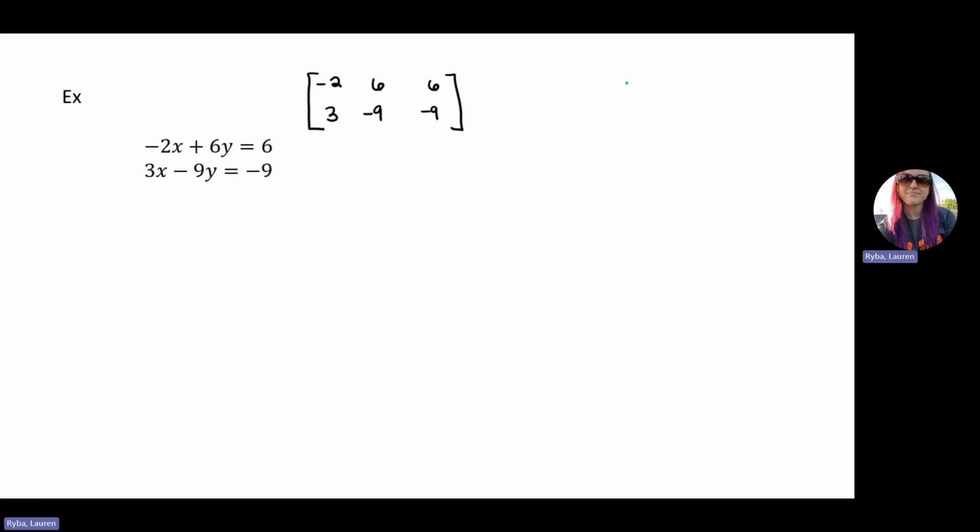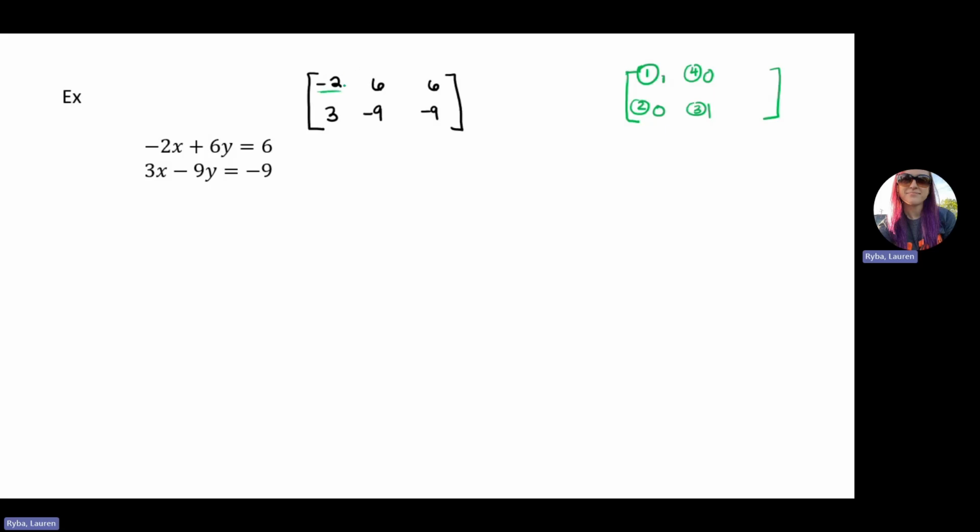Okay, and your steps are always, this is step 1 to get a 1 up here. Step 2 is to get the 0 there. Step 3 is to get the 1 next to it, and step 4 is to get the 0 above it. And the rule is if you're trying to get a 1, you're going to multiply or divide to turn that value into a 1.